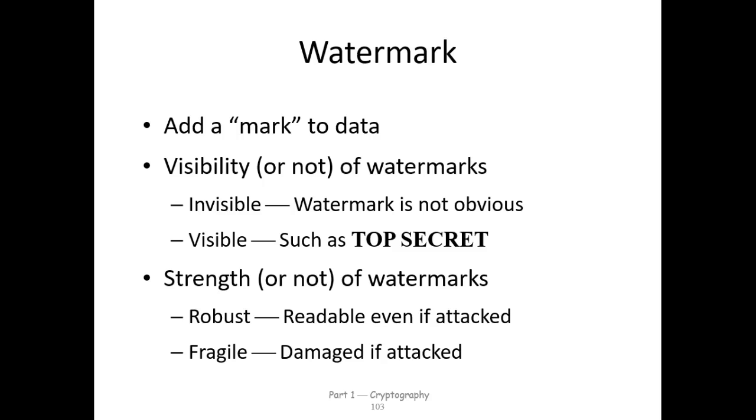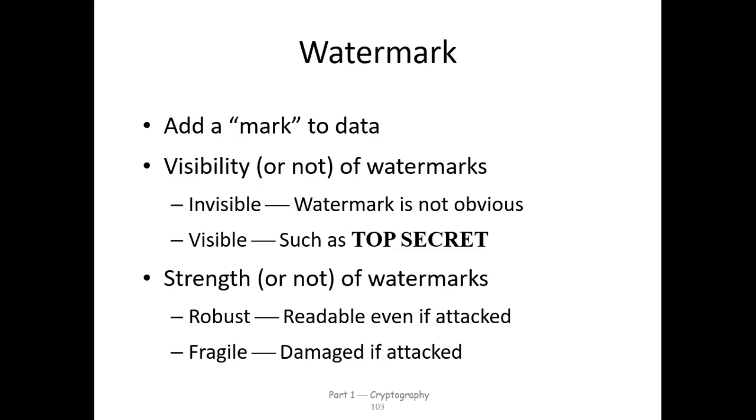So what exactly is a watermark? Add a mark to data. It's very simple. And there are two things. One is visibility. Invisible: the watermark is not obvious. Of course, the watermark will be there, but it is invisible. Visible, such as top secret: the watermark will be visible, but the original data cannot be recovered from that visible watermark.